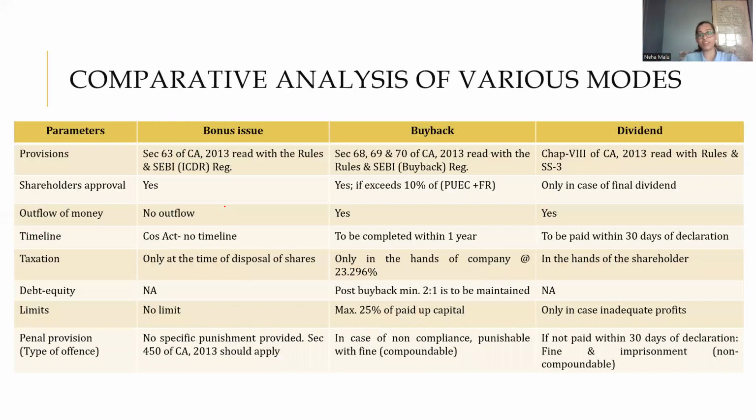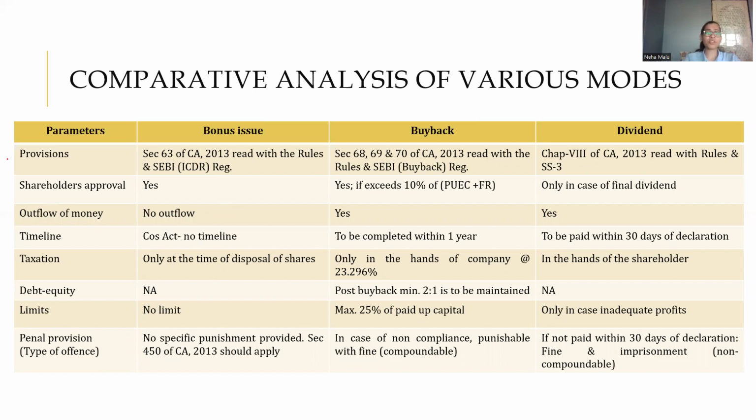Next, moving ahead with the comparative analysis of the various modes. Here I'll be discussing various parameters, like what all things are there in case of bonus, buyback and dividend, so as to come to a conclusion as to which option becomes beneficial to the company in different situations.